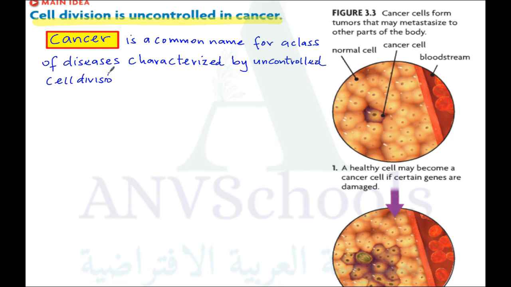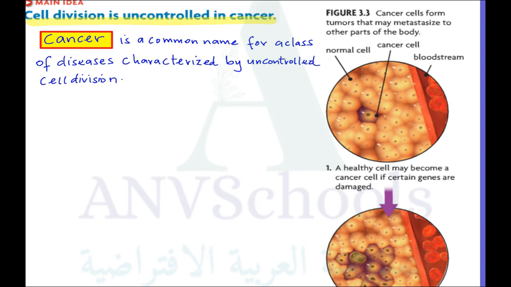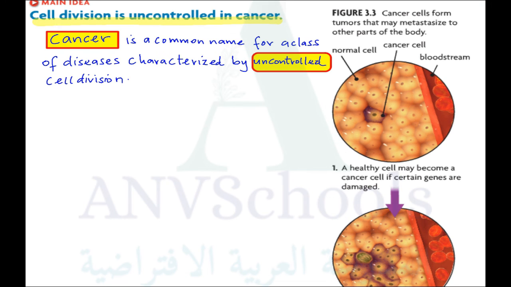Unlike previous types of division, this is also a cell division, but the only difference is that this one is uncontrolled. Because it's uncontrolled, it's a big deal.